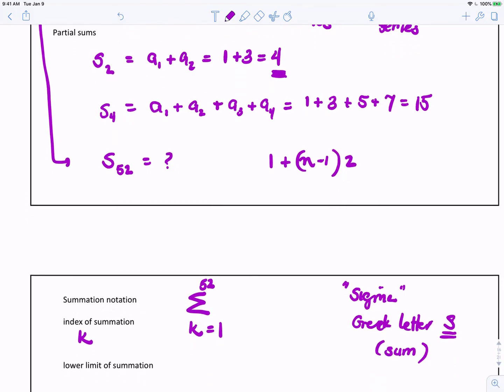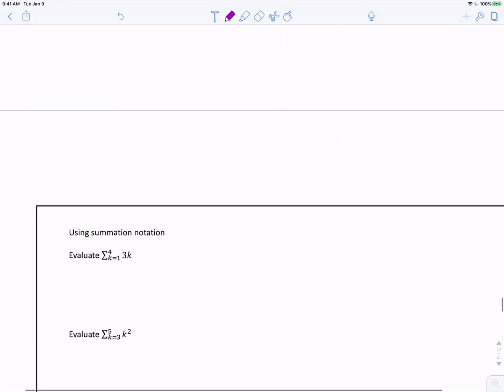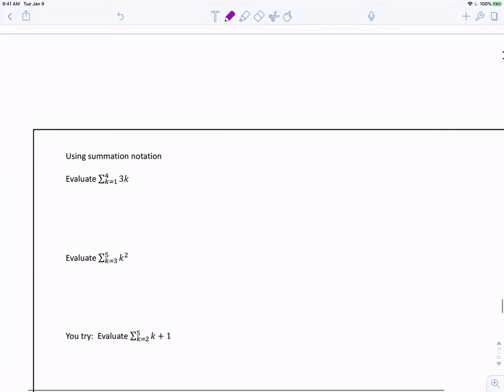So if we said I want to add up the terms of this arithmetic sequence, that was what we were trying to figure out in the previous problem. So we're going to practice reading and evaluating summation notation, and that then will lead up to how do you find the sum of an arithmetic series.